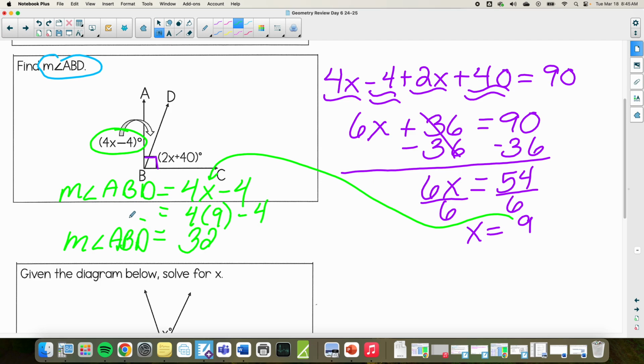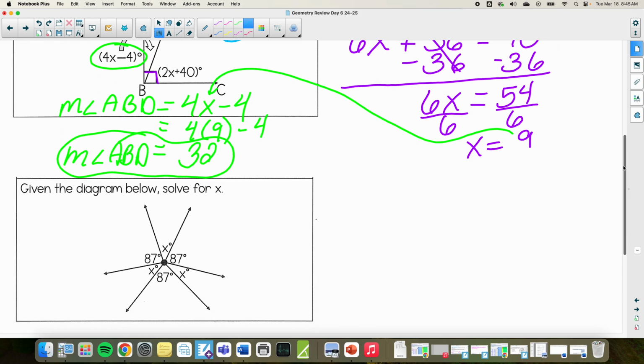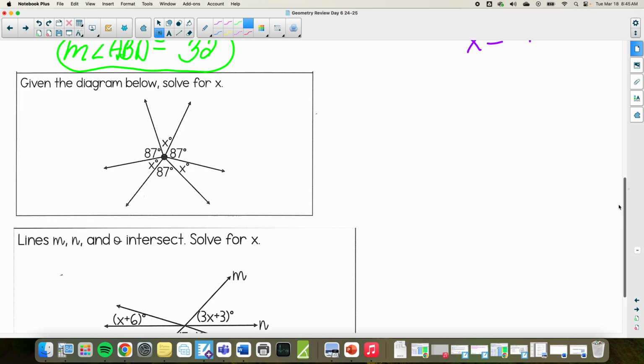Now you could put that 9 back in here too. You could say 2 times 9 plus 40 would be 18 plus 40, which is 58. And then just make sure those two add up to 90. All right, we have 2 more.